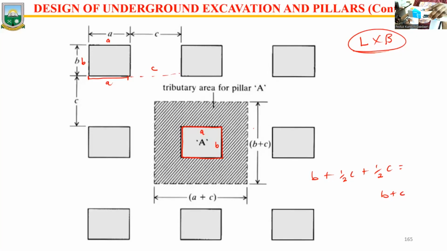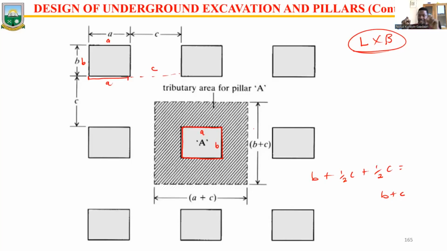So if you have a pillar and there are 2 pillars, 3 pillars, 4 pillars, each pillar carries the burden up to the middle of the space between the 2 pillars. That is what this principle is saying. And so with this pillar denoted A in the middle, that I have highlighted with the red, the whole of the shaded region is the area whose stress it is going to carry.